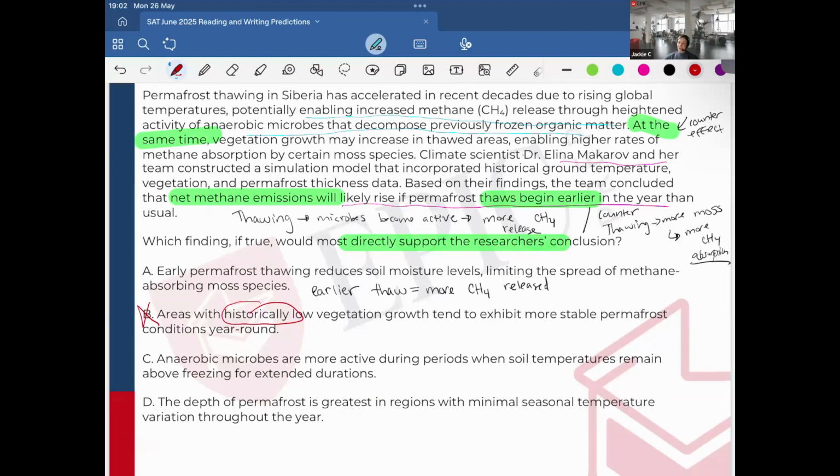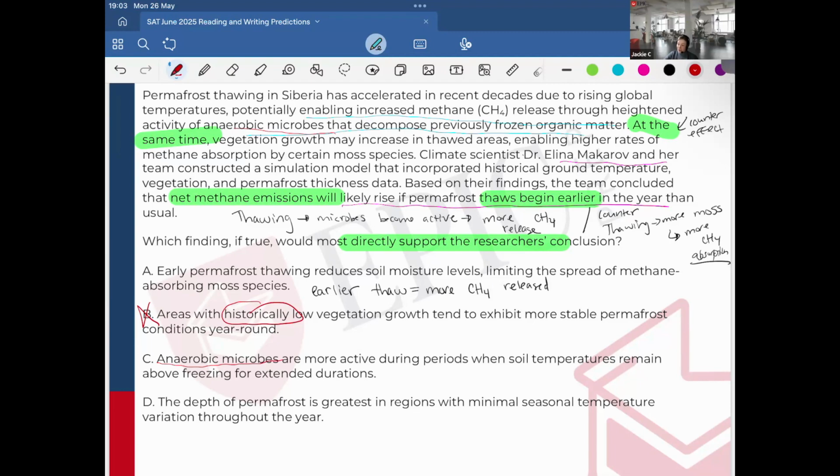C, anaerobic microbes are more active during periods when soil temperatures remain above freezing for extended durations. Okay, this seems kind of tempting because they talk about anaerobic microbes, which was something they did mention in the passage. And this would support the idea that microbes release more methane when thawed, but this is already stated in the passage. Right?